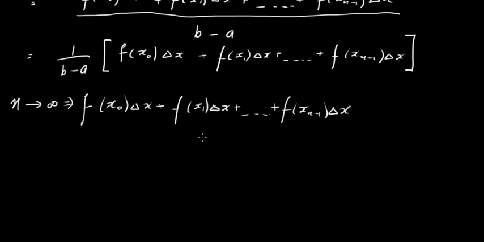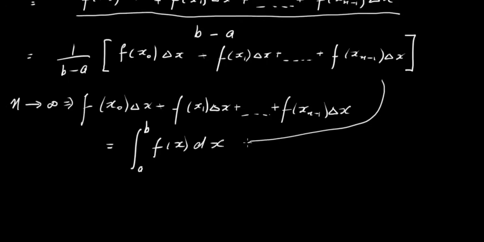All of that there just simply becomes the integral from a to b of f of x dx. This really is just the area under the curve, if you like, and we've seen that in previous videos. So this here just becomes the area under the curve between a and b. So this part up here, this part inside these square brackets, is really just, as n goes to infinity, it just becomes this thing here.